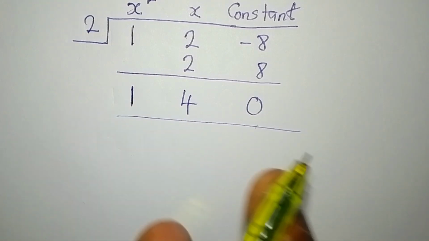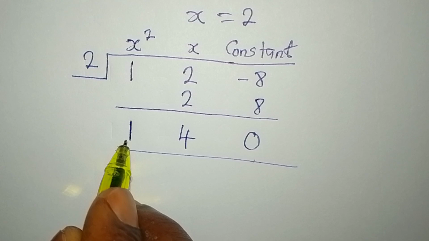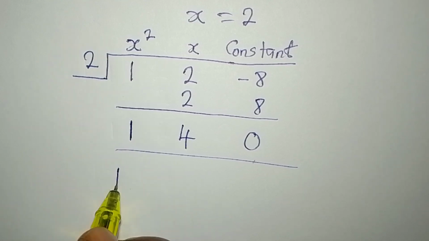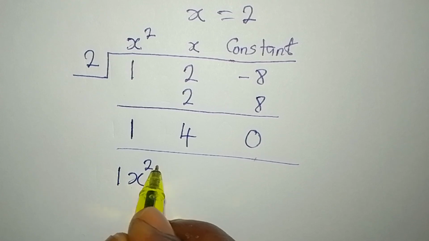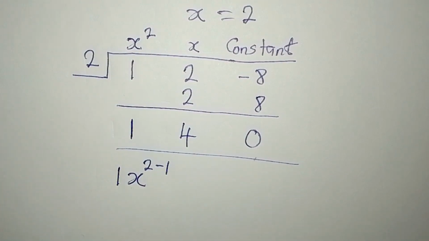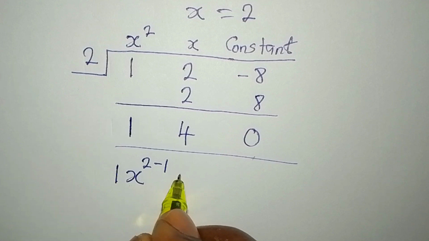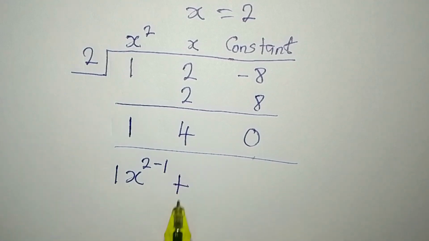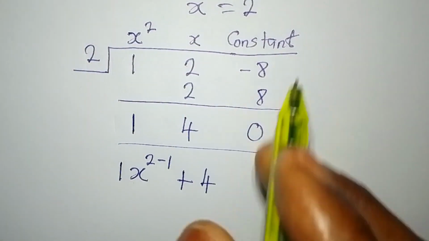Now, remember this is for x squared. So whatever you have here is the coefficient of your x. So we write 1x to the power of 2, then minus 1. You will definitely take 1 from the power. Then we have plus 4 as the coefficient of x.